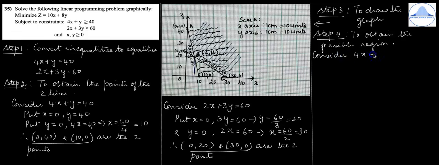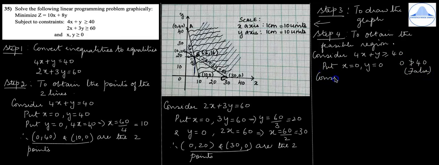Consider 4x plus y is greater than or equal to 40. In this you put both x equal to 0 and y equal to 0. On the left hand side you will get 0, on the right hand side you have 40. You have to check whether 0 is greater than or equal to 40. It is not, so we get the condition as false.